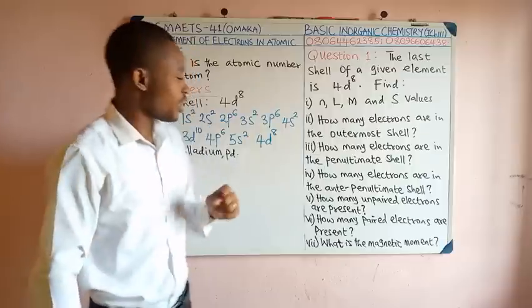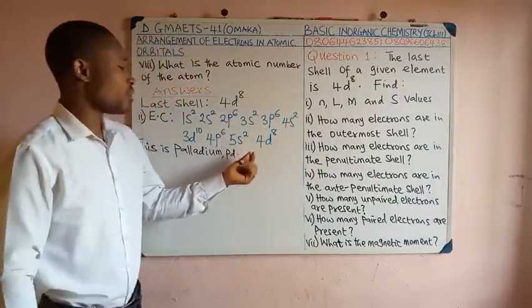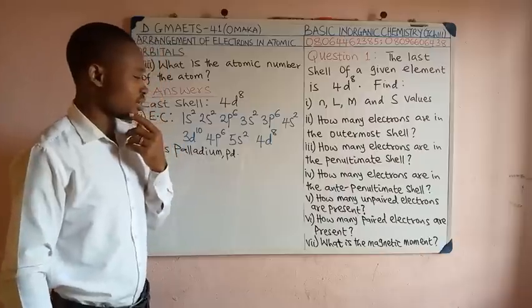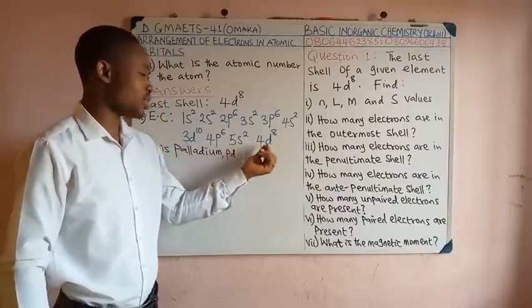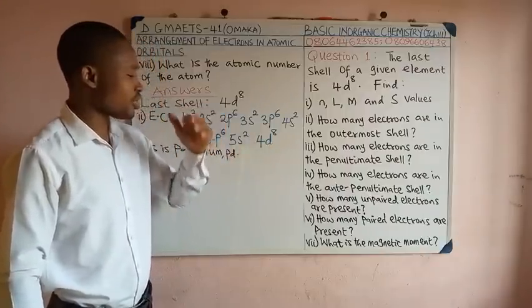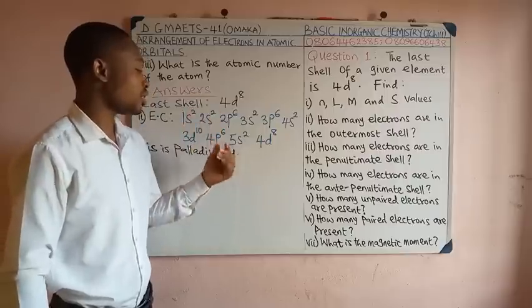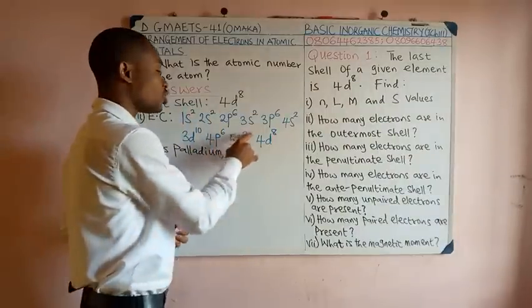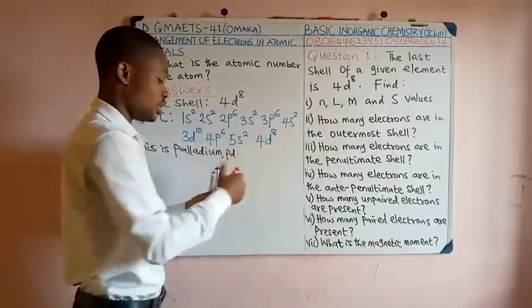Is that understood? Please look at this. Do you notice that we filled 5s2 first before 4d8? Which likely tells us that 4d has higher energy compared to 5s2. The 5s2 electrons will be transferred to 4d10.